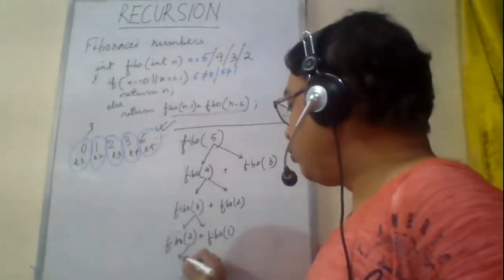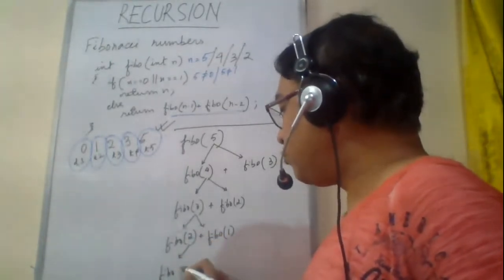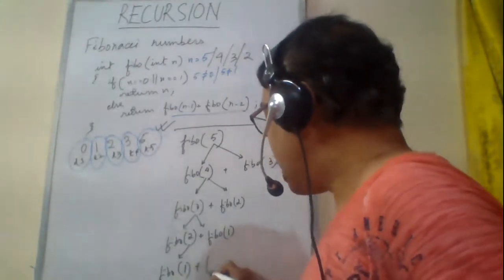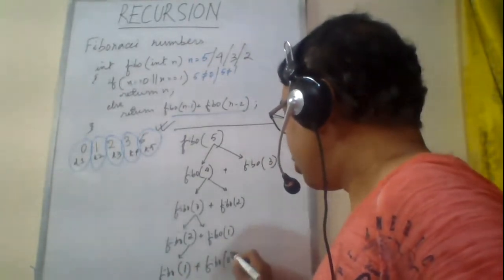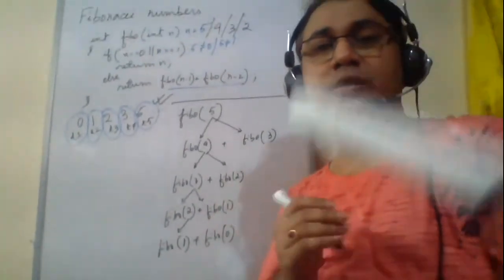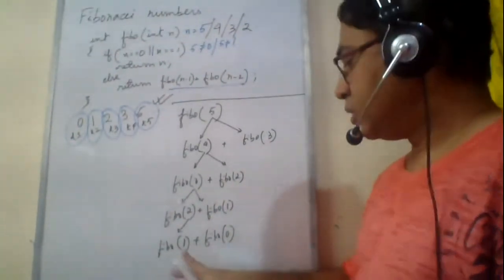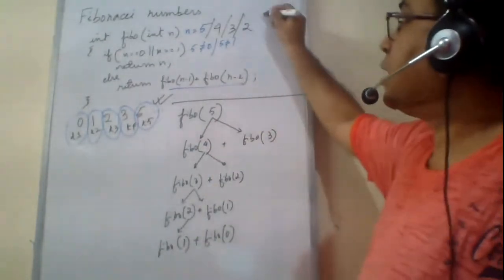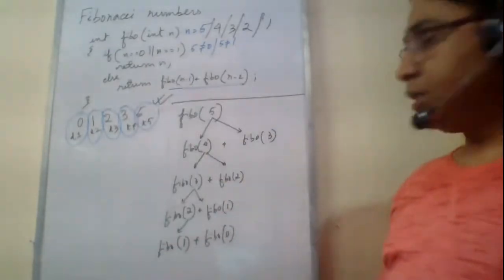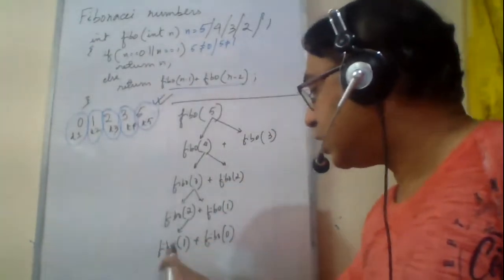Now Fibo of 2 will do what? Fibo of 2 will do Fibo of 1 plus Fibo of 0. Okay, let me adjust the camera. Fibo of 1: when I am passing 1, it will come over here and return 1.